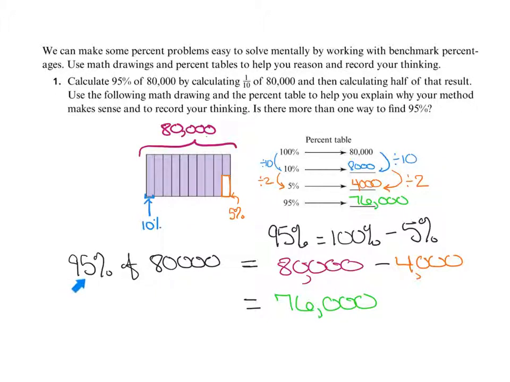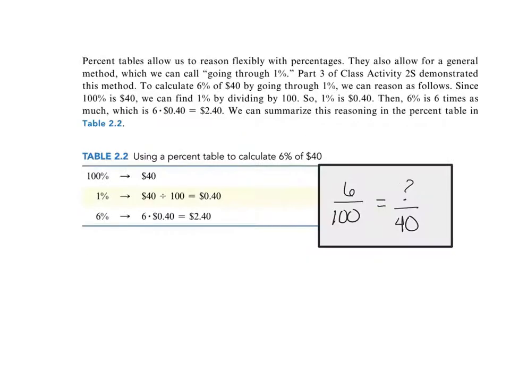So 95% of 80,000 will be the 100%, 80,000, minus the 5%, or 4,000, which would give us 76,000. Another way we could find that is by actually figuring out what 90% is and adding 5%.